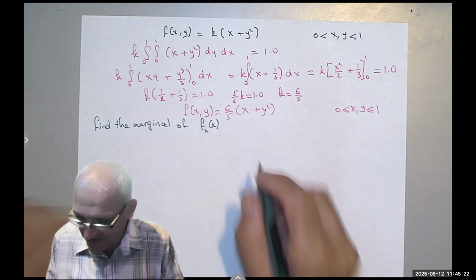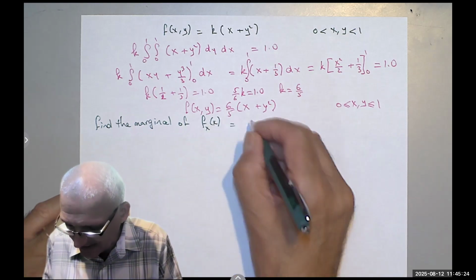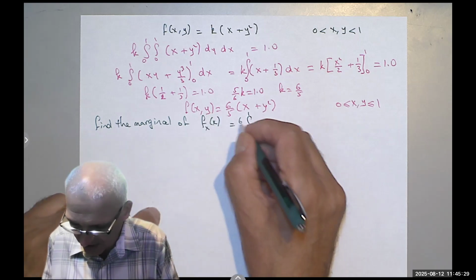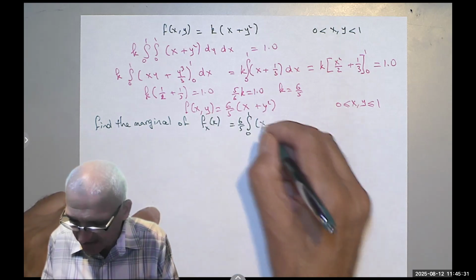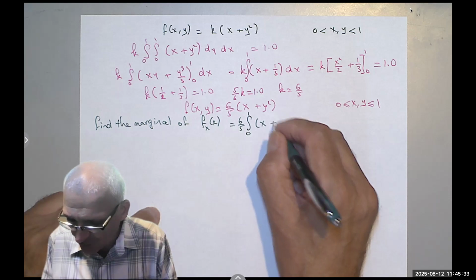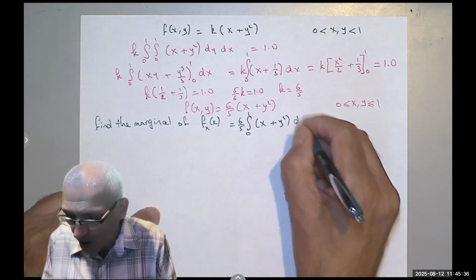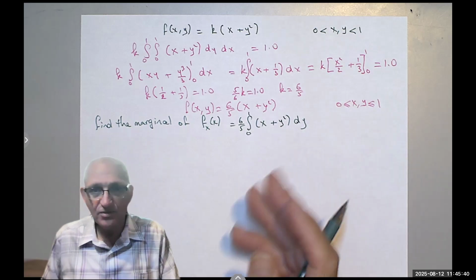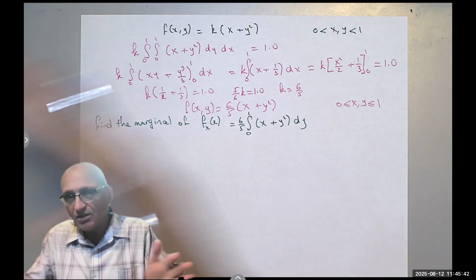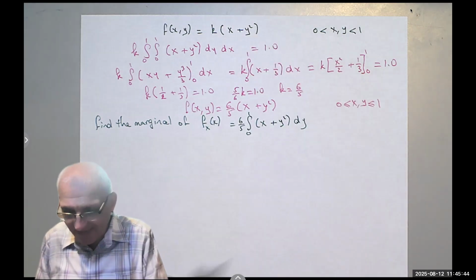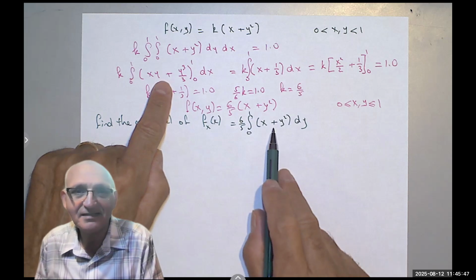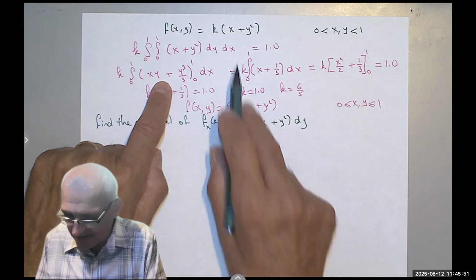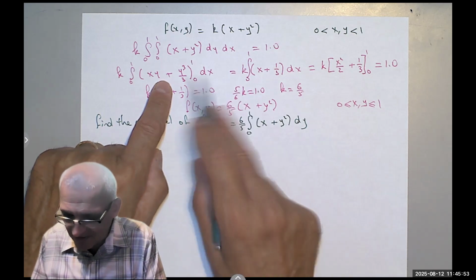The interesting thing here is that I'm going to say it's the integral from 0 to 1 of k, which is a constant, times x plus y squared dy, because I'm summing over all possible values of y. But that's exactly what we did here, right? So there is no reason to repeat the work. I already have that without the integral.